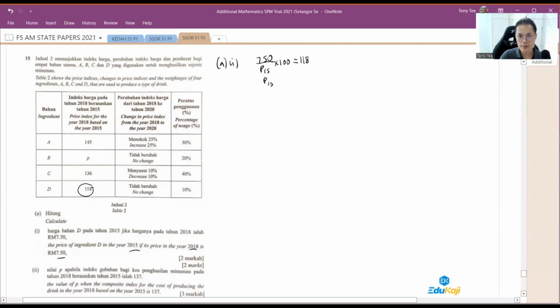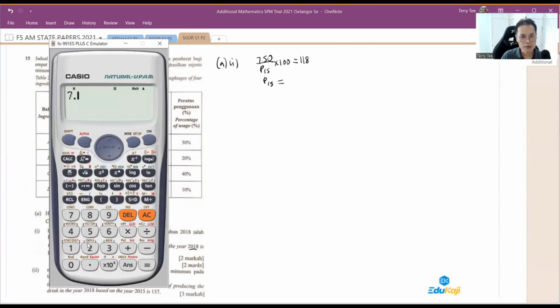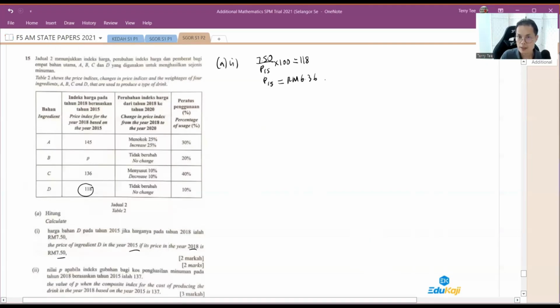So to find the price in 2015 for item D, we just take 750 times 100, divided by 118. Just bring the P15 up, bring the 118 down. I got RM 6.36, 6 ringgit 36 cent. Okay, next.